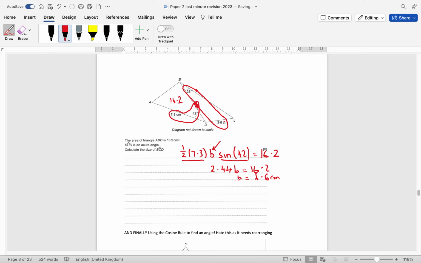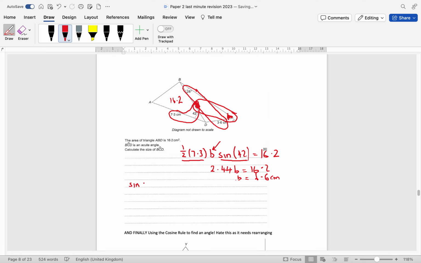It wants the size of this angle BCD. I now know this side. So what I now have here is an incomplete pair to go with my complete pair. So incomplete and complete pairs, that's the sine rule. I'm trying to find an angle, so I'm going to put the angles on top.